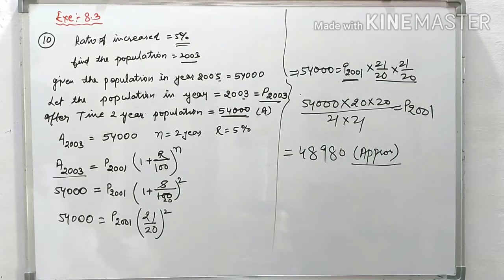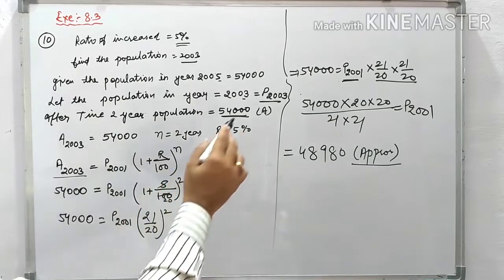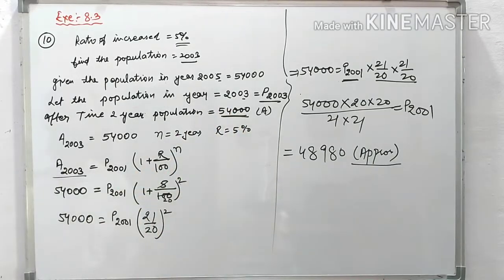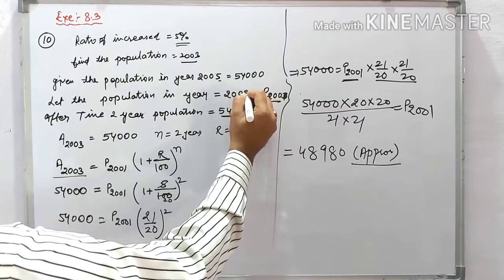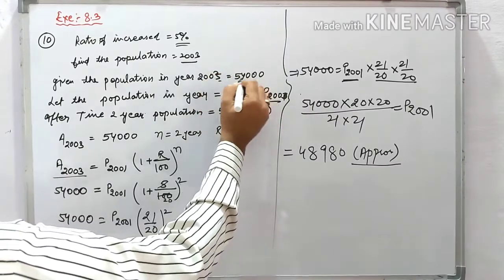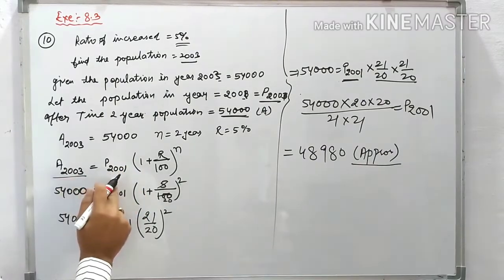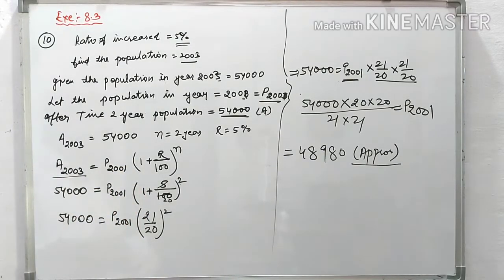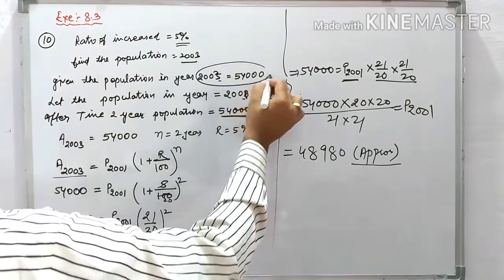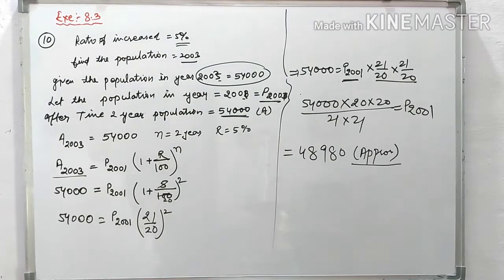So we need to calculate the population in 2005. The value of 2003 is the principal, and from that we find the next amount.